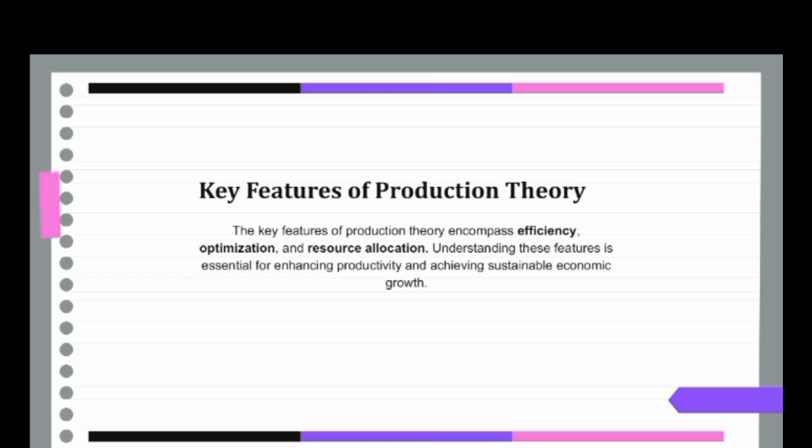Optimization means how much you should produce using the inputs that are available to you, so that you can get a maximum profit. That is on the second stage of production theory. And resource allocation, how to allocate your resources more efficiently and more effectively so that they will be optimized. Understanding these features is essential for enhancing productivity and achieving sustainable economic growth.